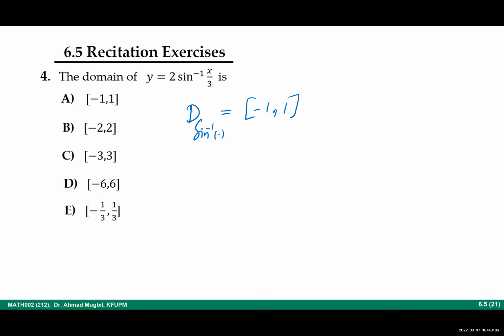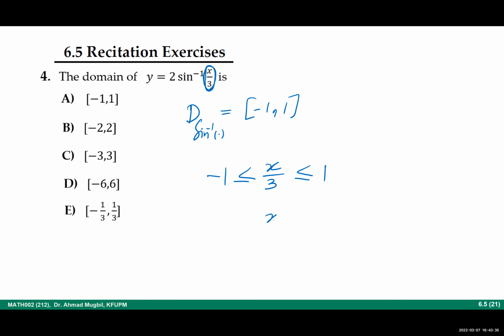So for this expression to exist, we should check the argument, what is inside. The domain is about x, not about y. So this expression is defined if the argument inside sine inverse, which is x over 3, is between negative 1 and 1. If it is, we can evaluate it. Otherwise, it is not defined.